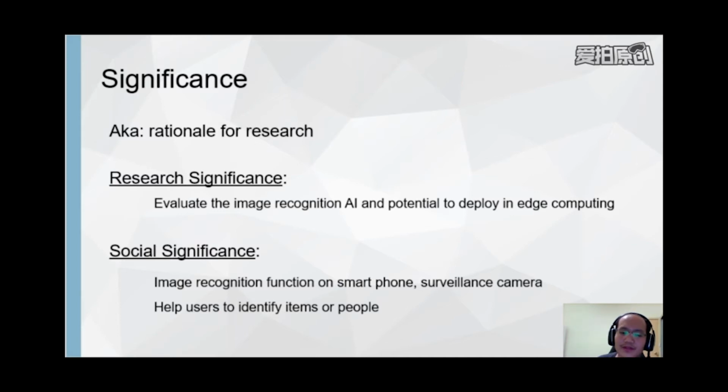For social significance, we expect that the image recognition function could be deployed on other edge computing devices like smartphones, surveillance cameras, or computers on vehicles.